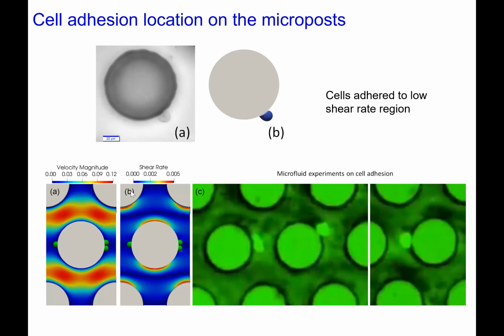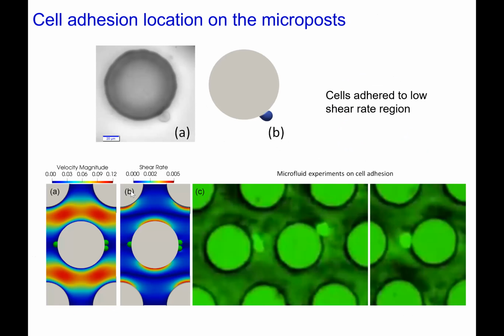The top figure shows the adhesion of one particular cell on a micropost in the microfluidic experiment shown on the left. We also captured the same adhesive behavior for the cell in the simulation. The bottom shows the preferred adhesion of cells on the micropost surface.